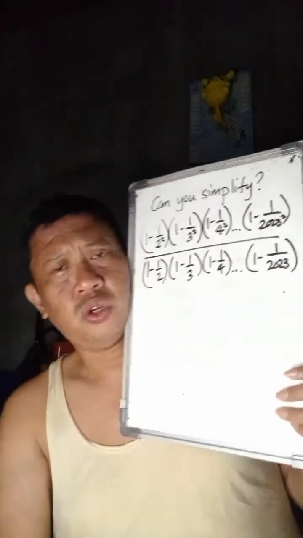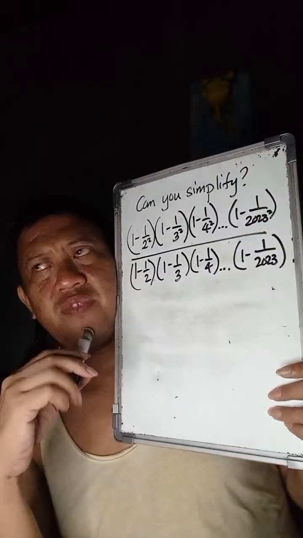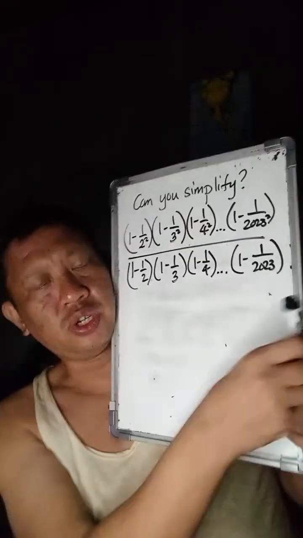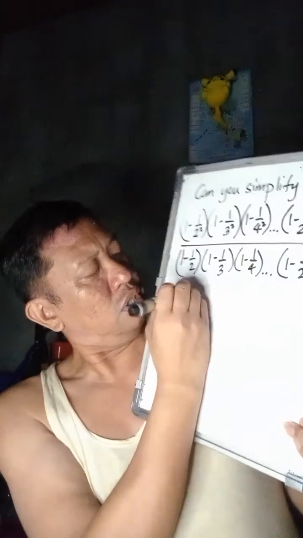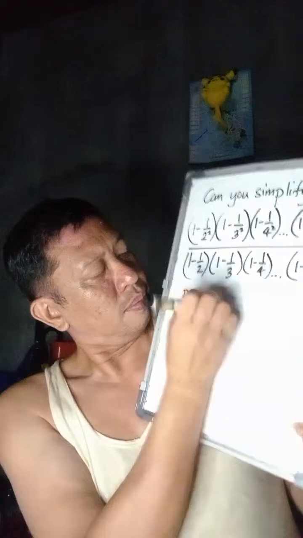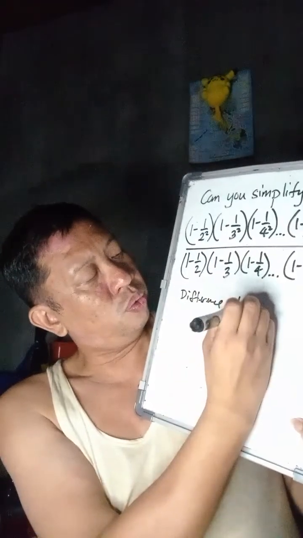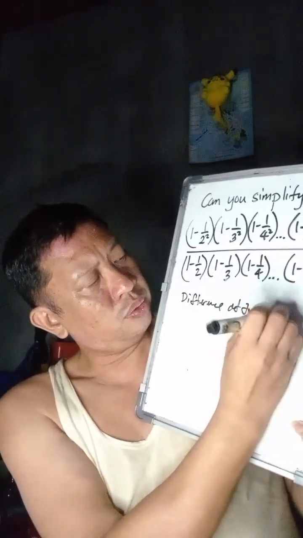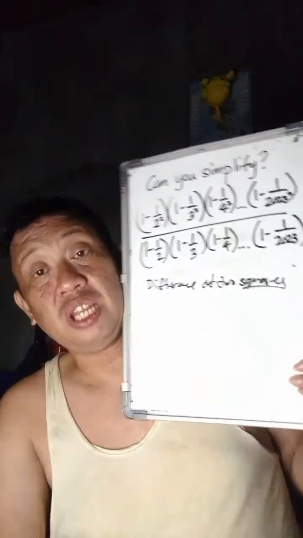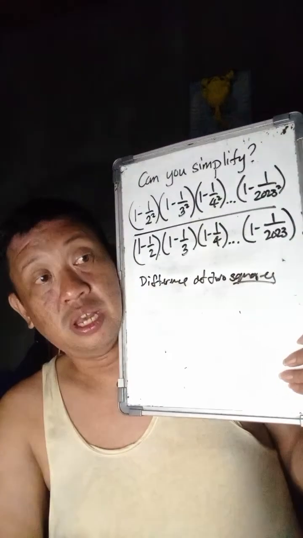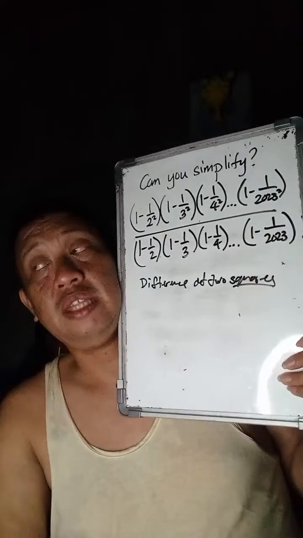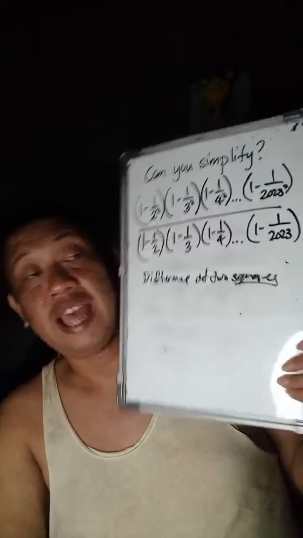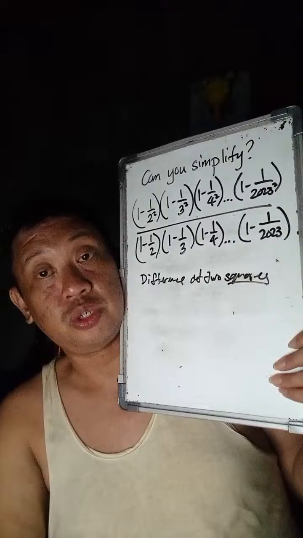If you are in grade 7 or so, you may encounter this factoring method called the difference of two squares. This is basically a factoring technique in such a way that we can simplify that into two different factors.